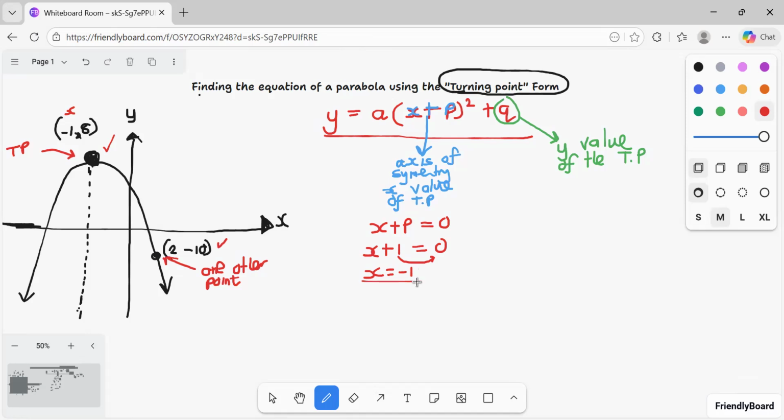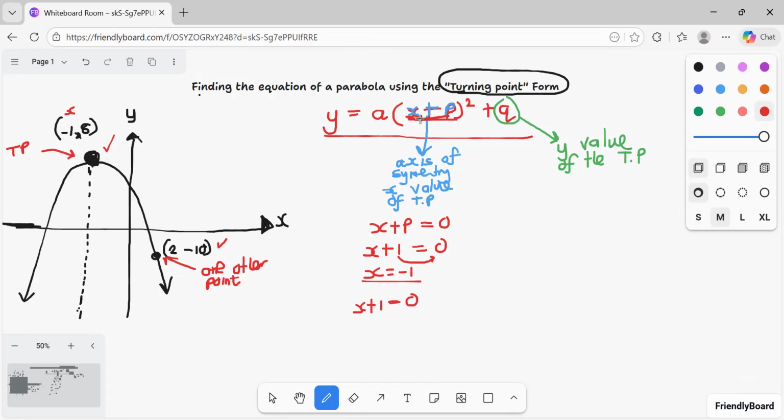So that means that the axis of symmetry is given by x is equal to -1. Therefore, the original x plus p that was there was x plus 1 is equal to 0. So that expression x plus 1 is in the brackets.